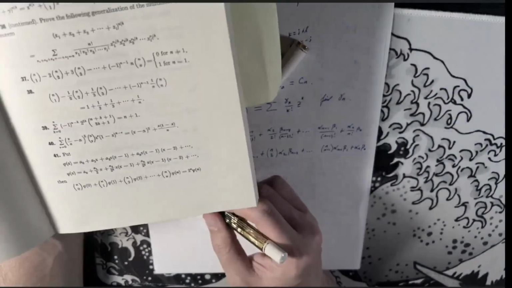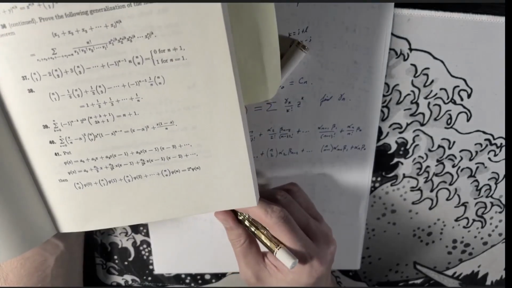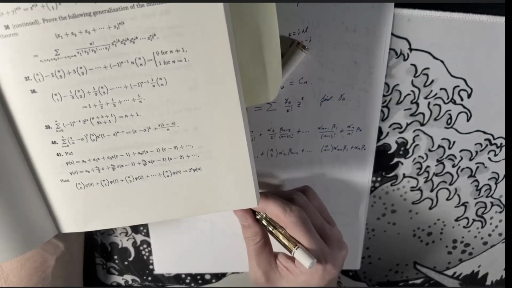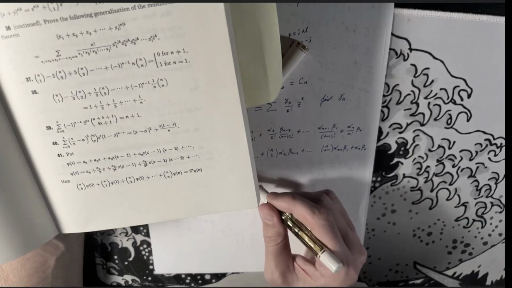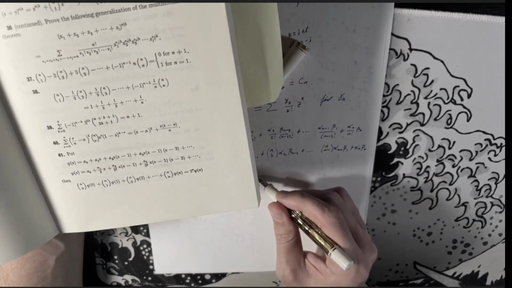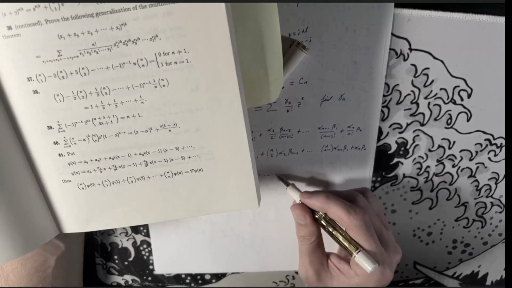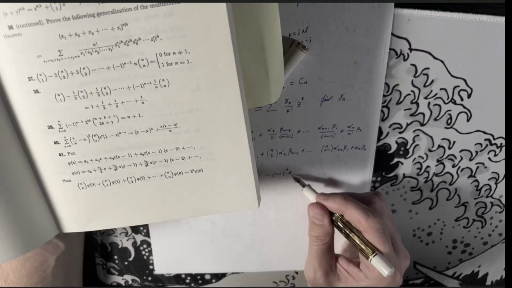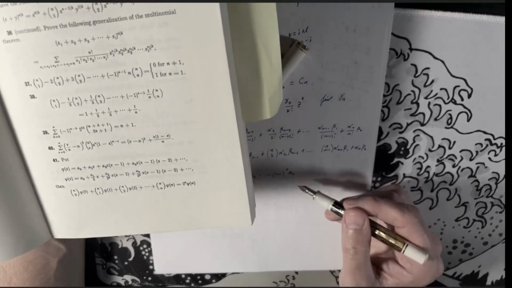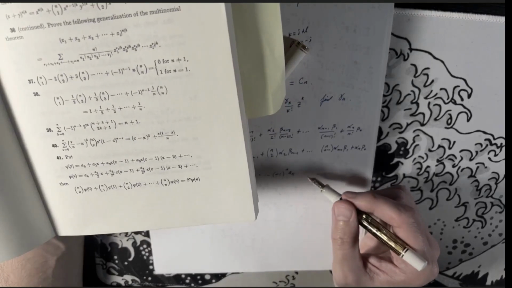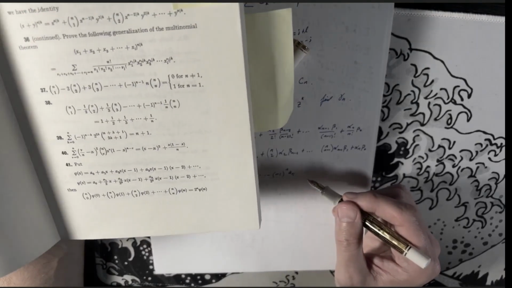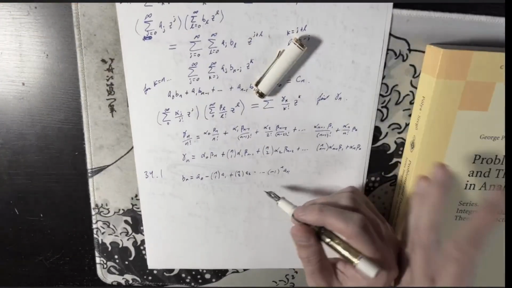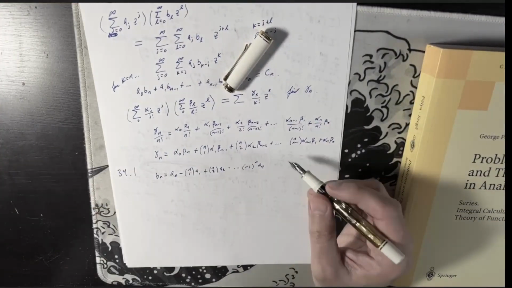If you're given an infinite sequence of a_n defined for a natural number n, b_n is a_0 minus (n choose 1) a_1 plus (n choose 2) a_2 minus da da da da, alternating terms, and it looks like it stops at a_n. Show that a_n is exactly the same formula.